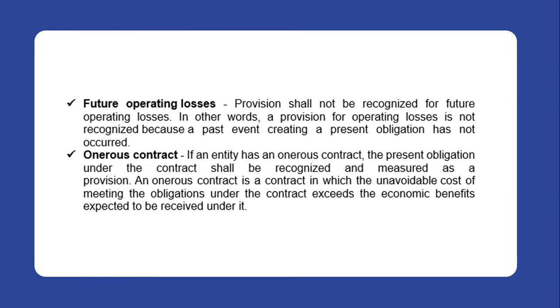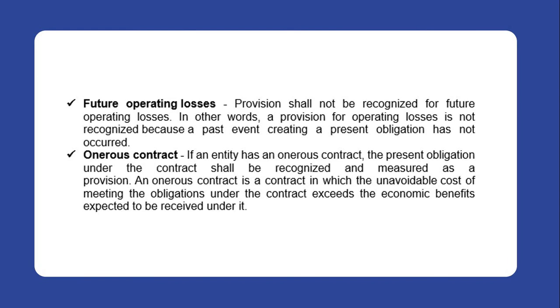Future operating losses. Provision shall not be recognized for future operating losses. In other words, a provision for operating losses is not recognized because a past event creating a present obligation has not occurred. Okay?